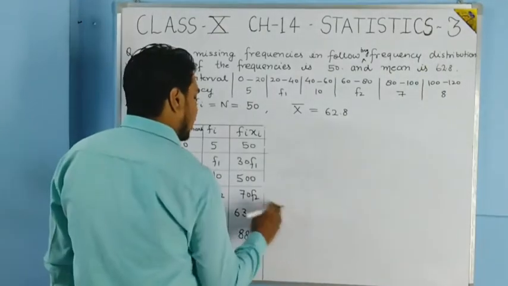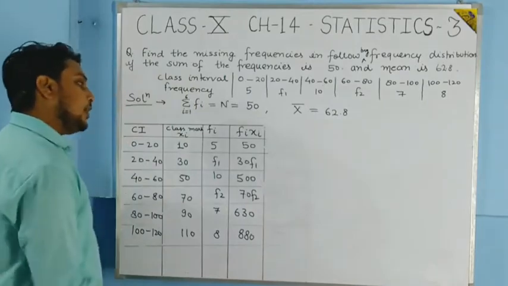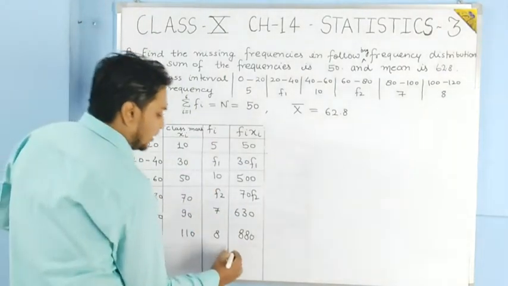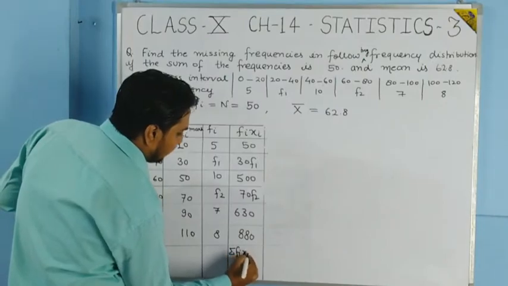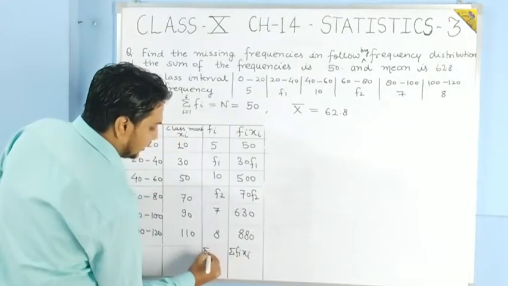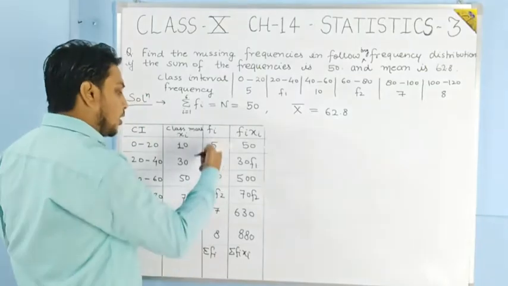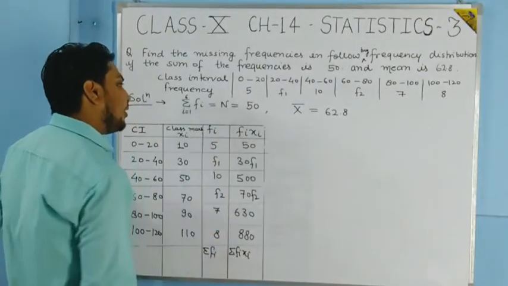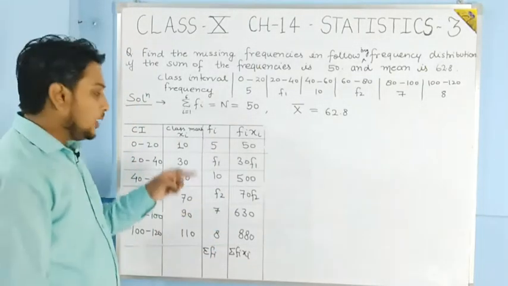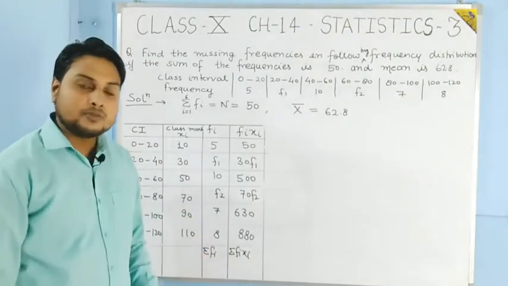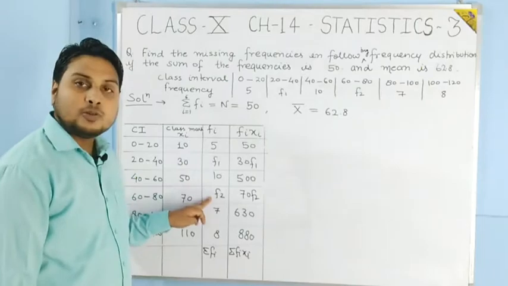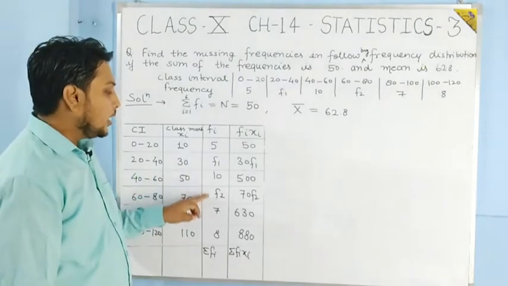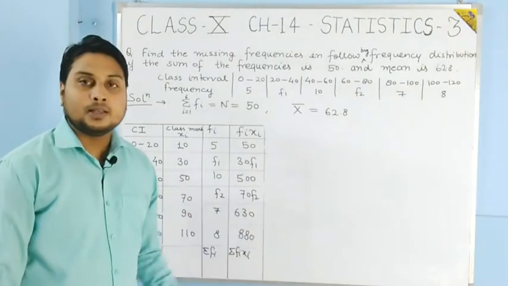Okay students, now we will find the sum of FiXi and here we will find the sum of Fi. According to this column, sum of Fi is what? See, F1 and F2 are not like terms, so we will keep them separately.